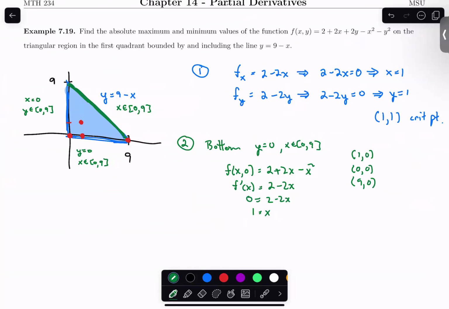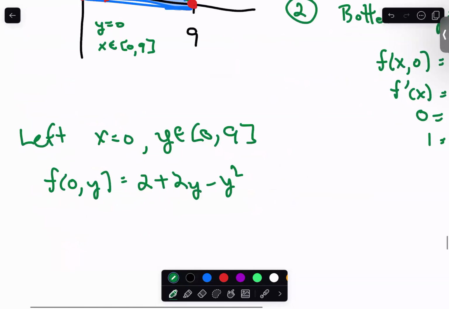Next up, let's do the left-hand side. This was where x was equal to 0 with y ranging from 0 to 9. So when x is equal to 0, our function looks like 2 plus 2y minus y squared. Just as before, we need to search for critical values here. So I'm going to take the derivative and solve when that equals 0.